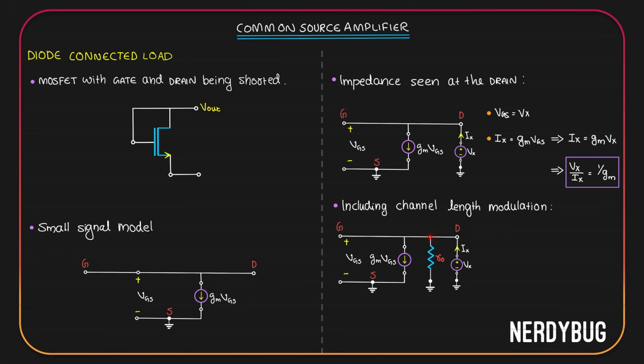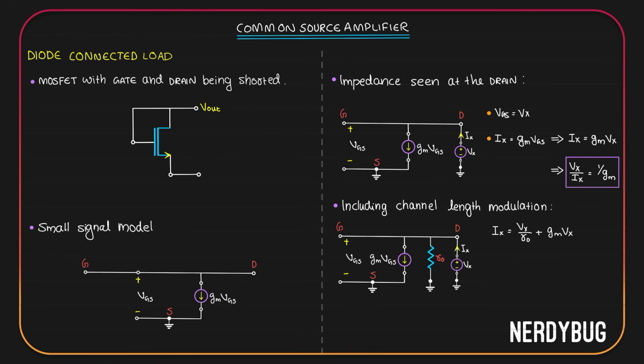So the current flowing in this direction will be Vx divided by r0. Also, gm Vgs is flowing out of the node. According to Kirchhoff's current law, the sum has to be equal to 0. So we can write Ix is Vx by r0 plus gm Vx. Why gm Vx? Because we can see that Vgs is basically still Vx.